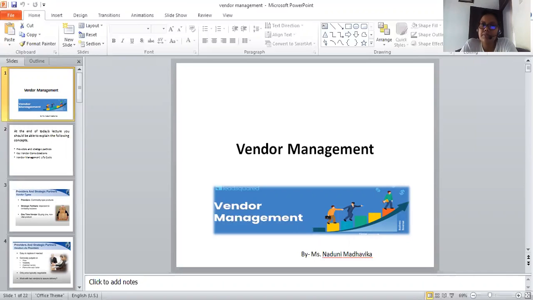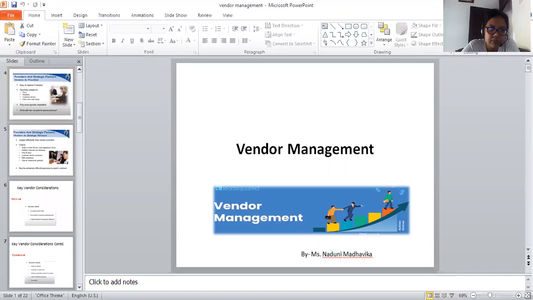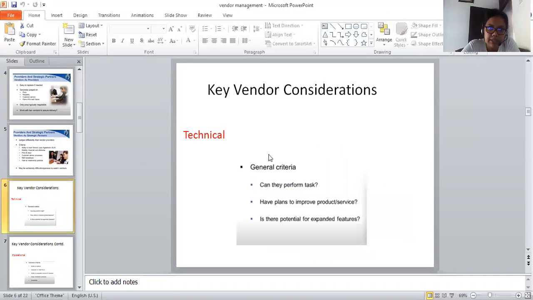So there are some general criteria. If it is the technical aspect, here we are in this slide. The general criteria would be: can the particular vendor perform the task that we are expecting the vendor to perform? Do they have any plans to improve the product or service, and is there any potential for expanded features?